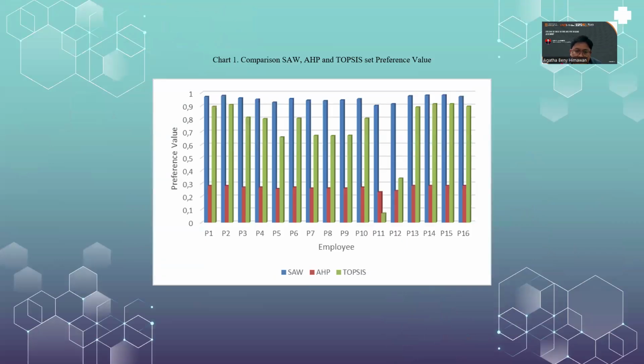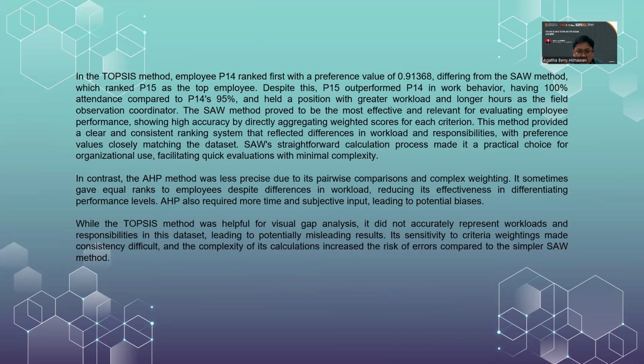Here, in the chart 1, the comparison shows AHP and the TOPSIS set of reference value. In the TOPSIS method, employee P14 ranked first with a reference value of 0.91368, differing from the SAW method with P15 as the top employee.